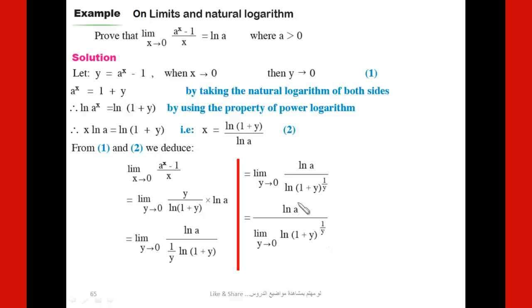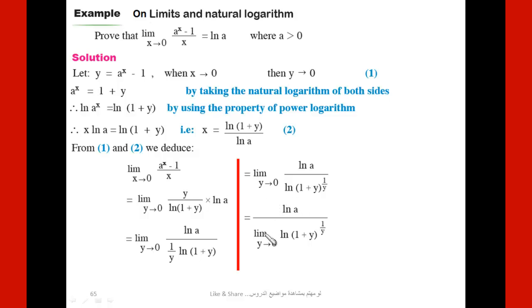So we take the limit for both numerator and denominator. Ln A is a number, a constant. So limit ln A equals ln A. It is a constant number, like 2, 3, half.